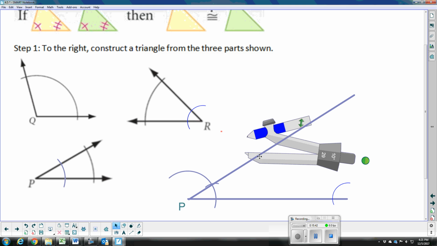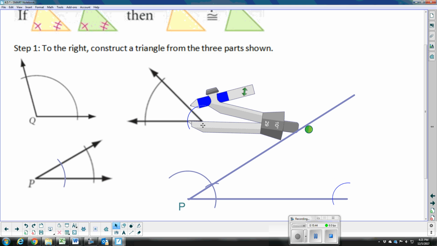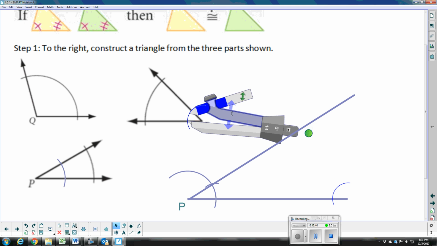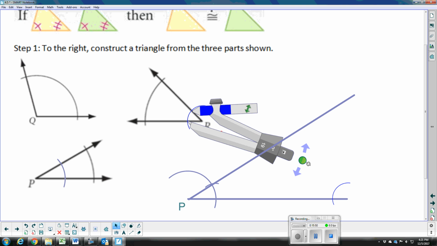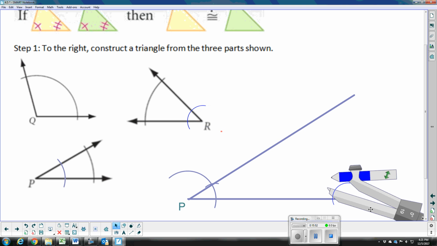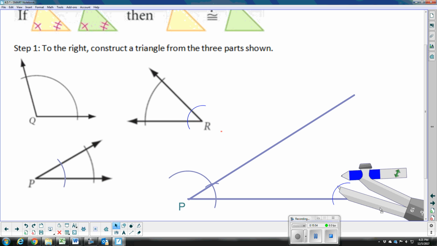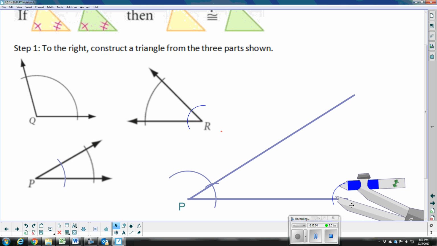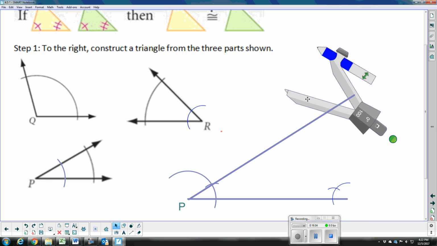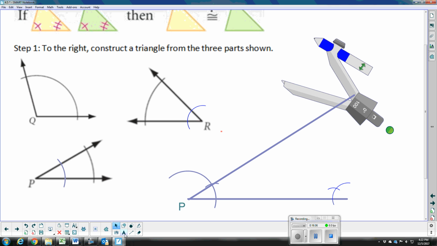Now I'm going to come back and measure how big that arc is. This is how I duplicate a segment. And I'm going to find that point over here. All right, so that point is on my angle.